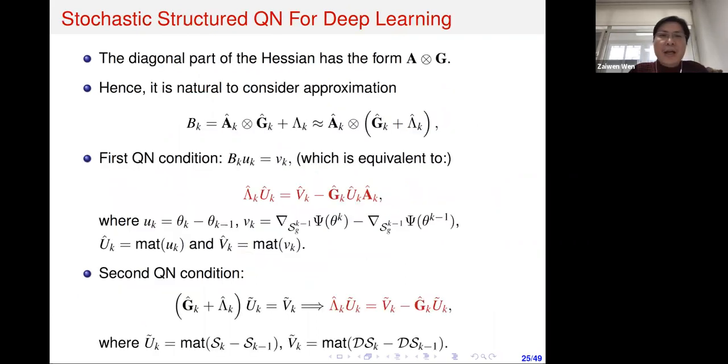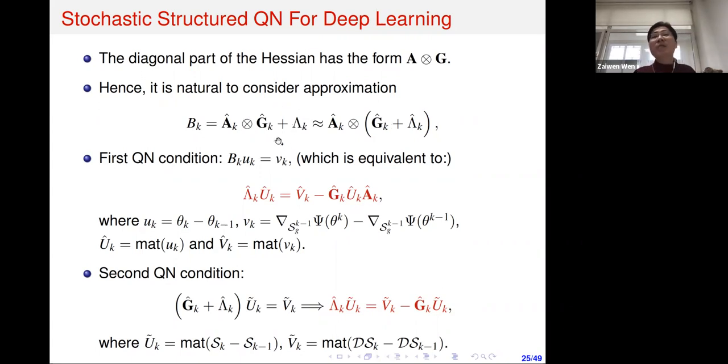Suppose the block diagonal part of the Hessian has this form, the Kronecker product between two matrices. Then we can construct an approximation B_k in this way. Either we approximate the first matrix by adding some matrix lambda_k, or we approximate this G_k in this form. Why can we do this?